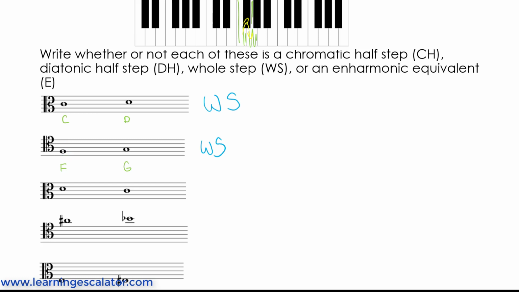Now the third one is the alto clef again. The first note is D because C's here, so D's here, and the second note is C, so D to C is a whole step.